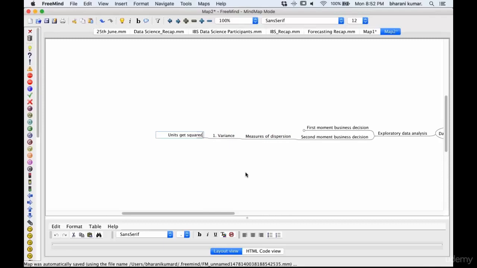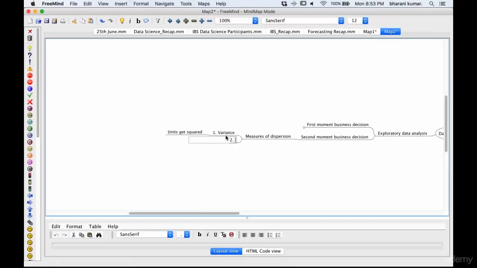For example, if weights of people are captured in pounds, when you apply variance, the units will become pounds square. If you're dealing with salaries and calculate the variance, it will become dollar square or rupee square.